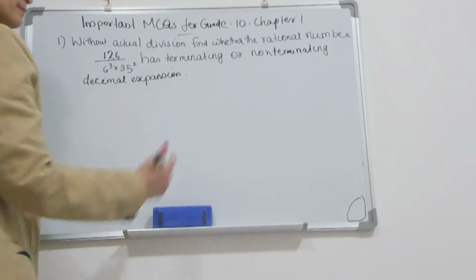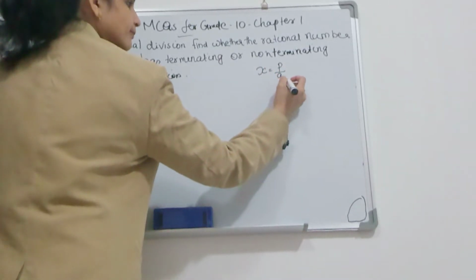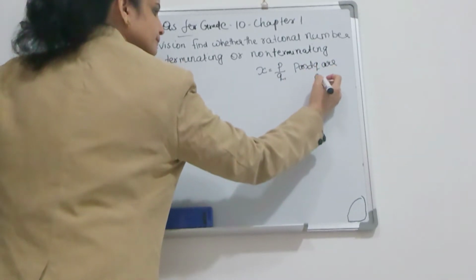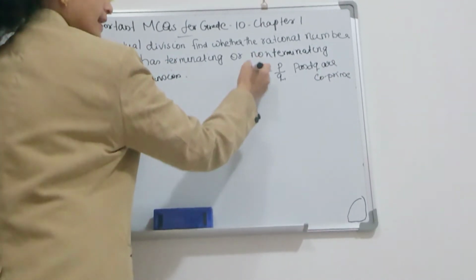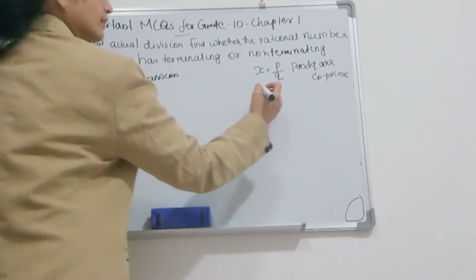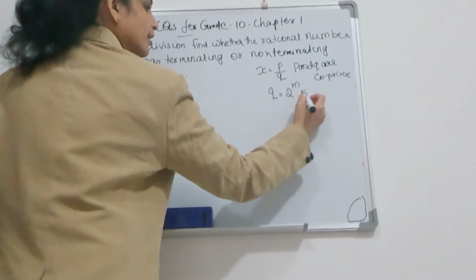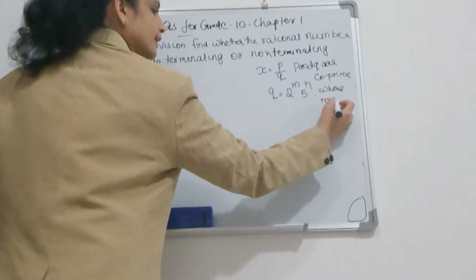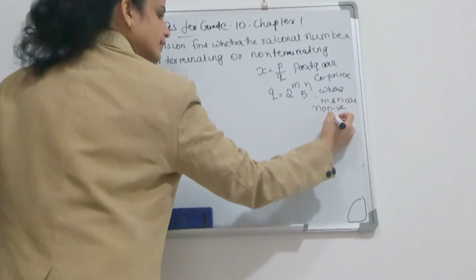I will explain again. x is equal to p by q, where p and q are co-prime, and this rational number has decimal expansion which is terminating, then q is of the form 2 power m and 5 power n, where m and n are non-negative integers.